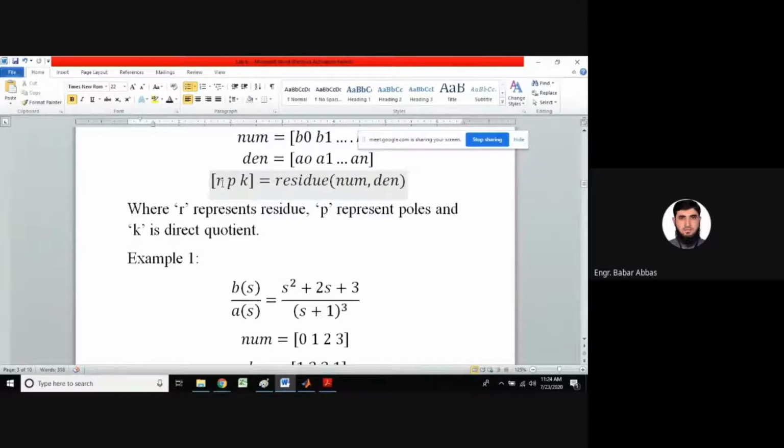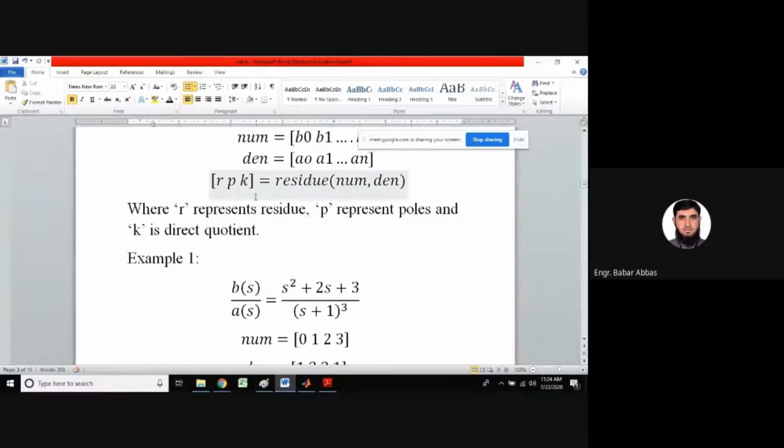For example, we have an improper fraction, or it may be a proper fraction, and if we solve it manually, we assign some variables a, b, c, and those will be the values of the residues r. Similarly, p shows the poles of the partial fraction, and k shows the direct quotient obtained by solving the proper or improper fraction.